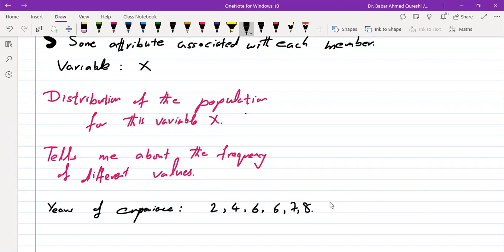So I can just list that this variable x is now the number of years of experience, and I can plot. Since it's a discrete variable, it would be fine if I do a dot plot or a histogram. So 2 has 1, there's nothing for 3, there's 1 for 4, nothing for 5, 6 has 2.